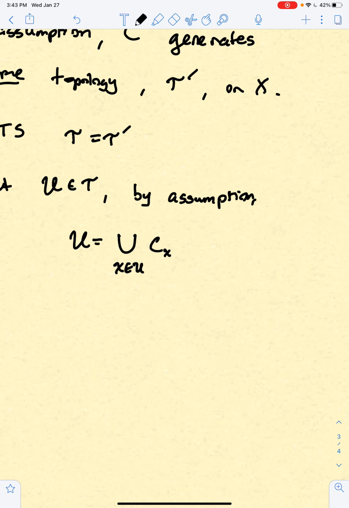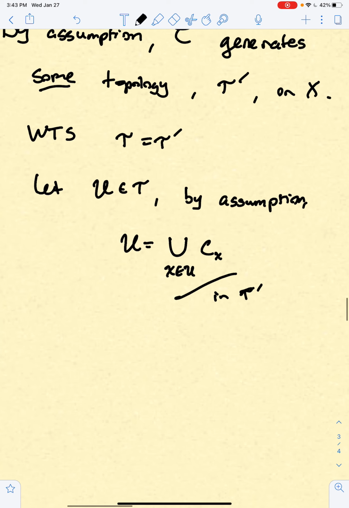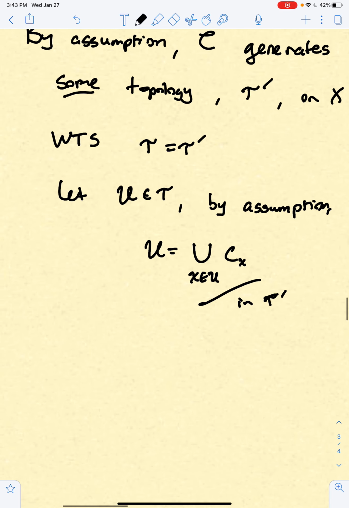And this thing is going to be inside tau prime, by the definition of a topology generated by a basis. So this is one direction. We've just shown that tau is a subset of tau prime.